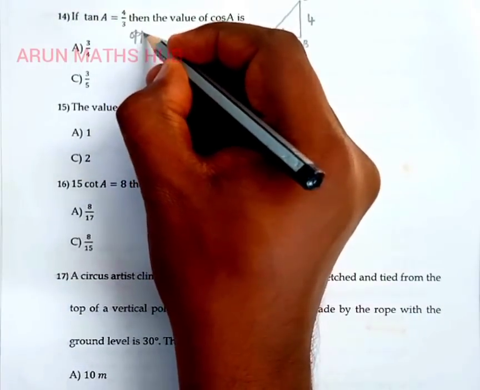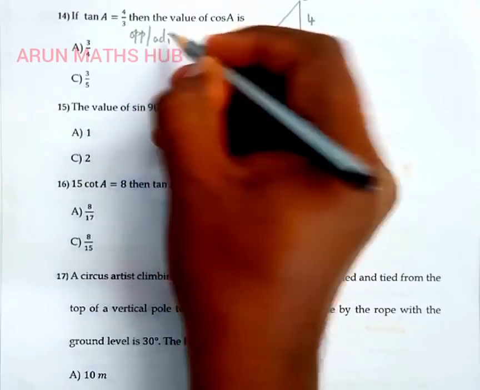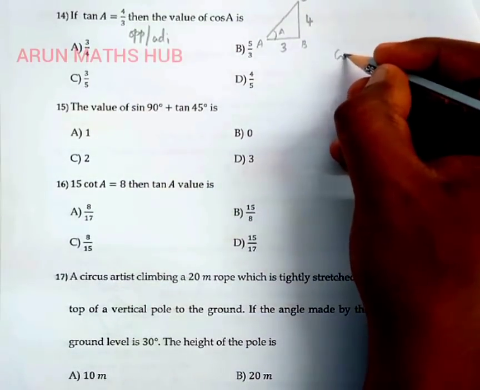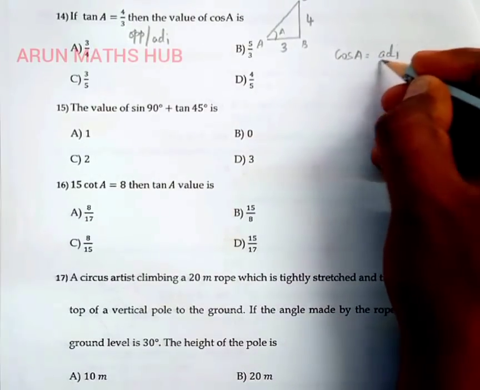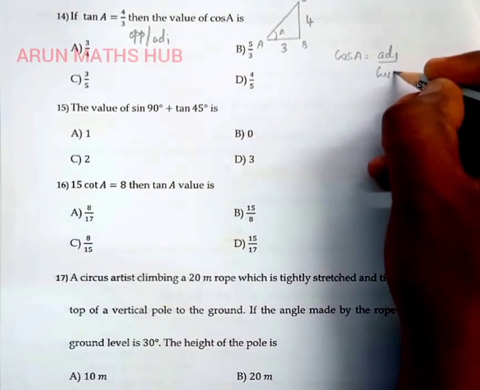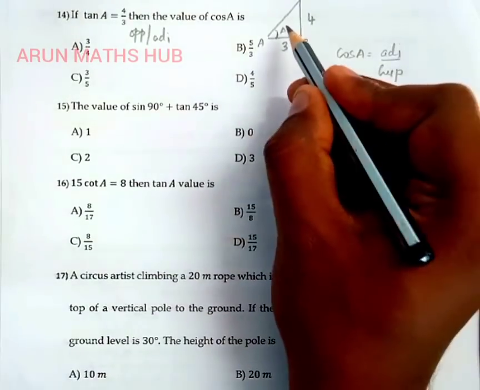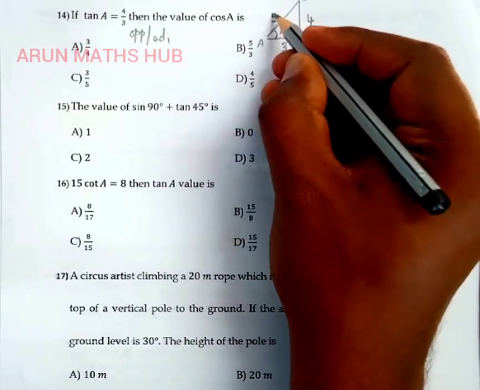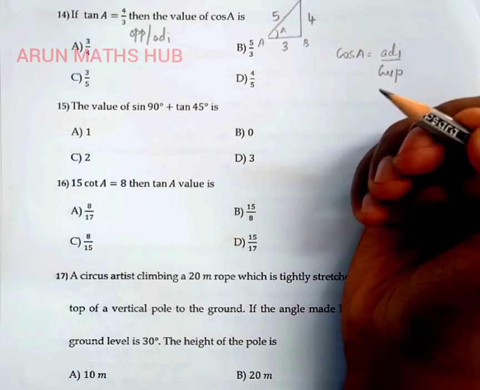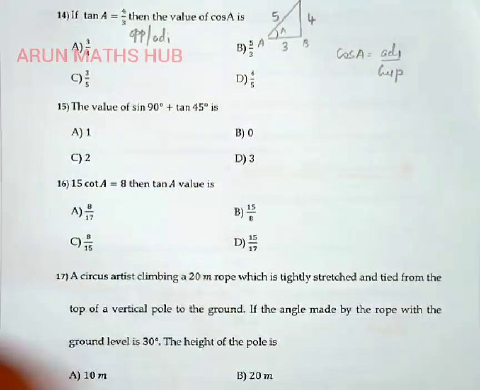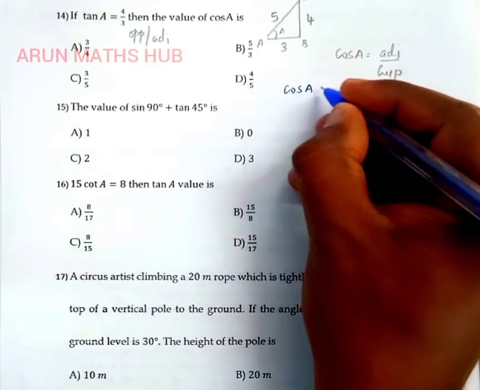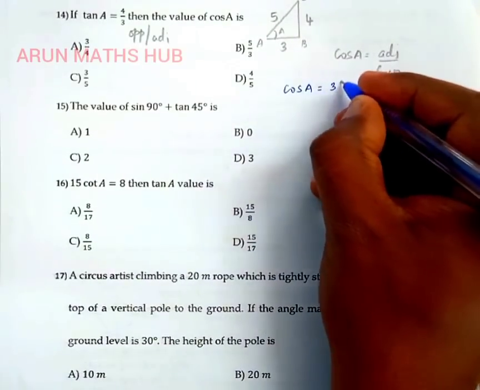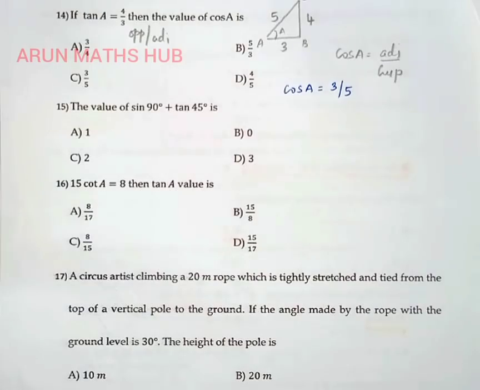Now we need to find out cos A. Cos A equals adjacent by hypotenuse, that is AB by AC. We need to find out AC. Students, you can directly write, by using the concept of Pythagorean triplet, cos A will be equal to 3 divided by 5.